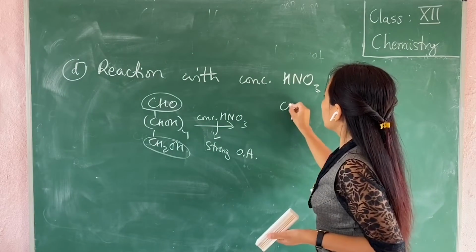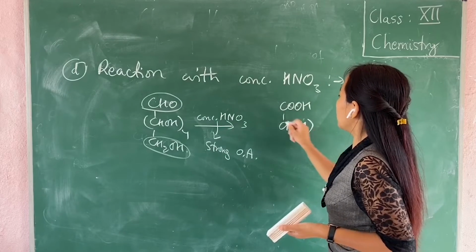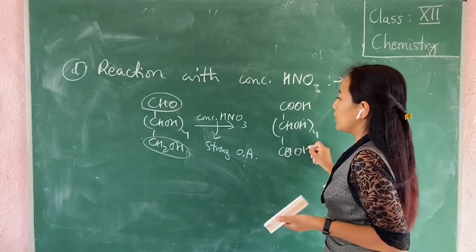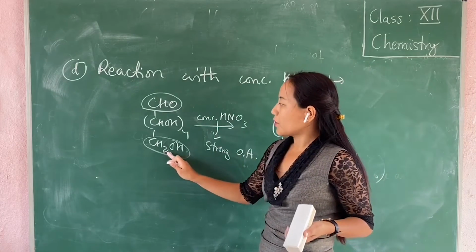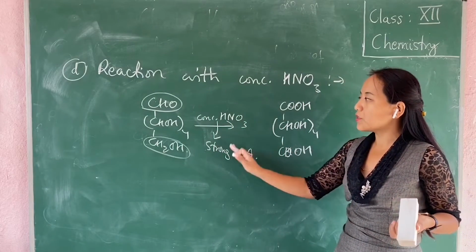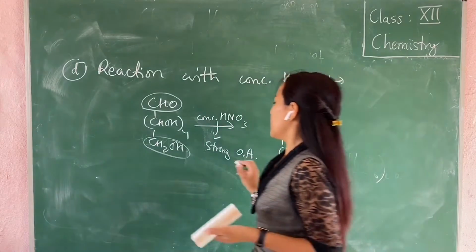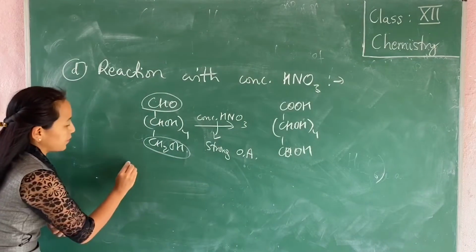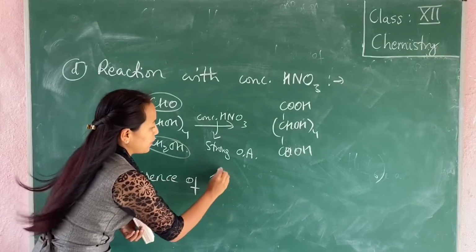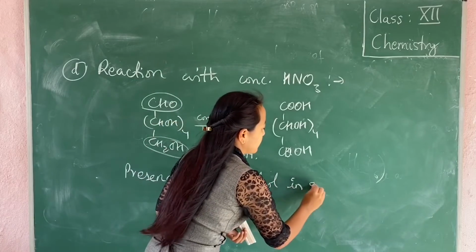So saccharic acid was formed in this case, CHOH 4 times, and then you have COOH. This primary alcohol got oxidized to a carboxylic acid on treatment with a strong oxidizing agent. So from this, it was confirmed that there is a presence of primary alcohol in glucose.